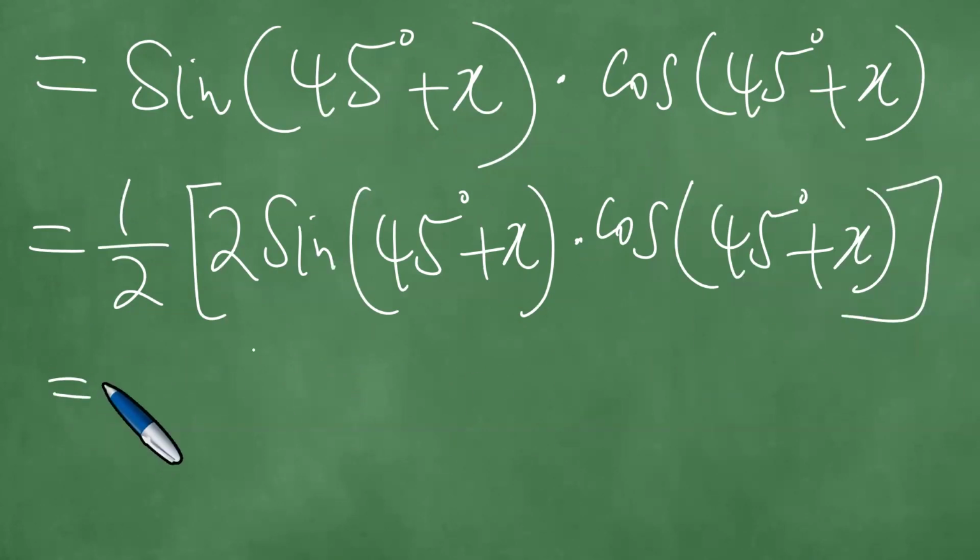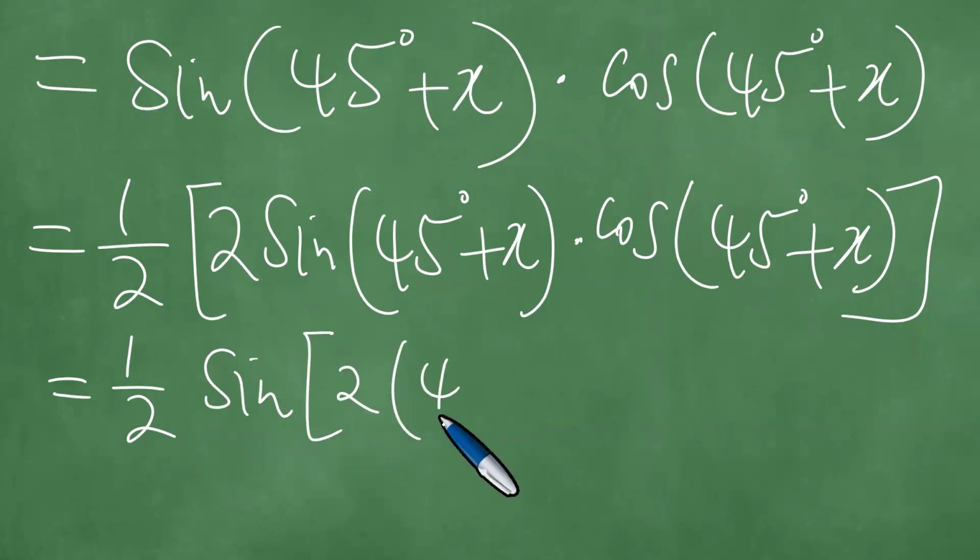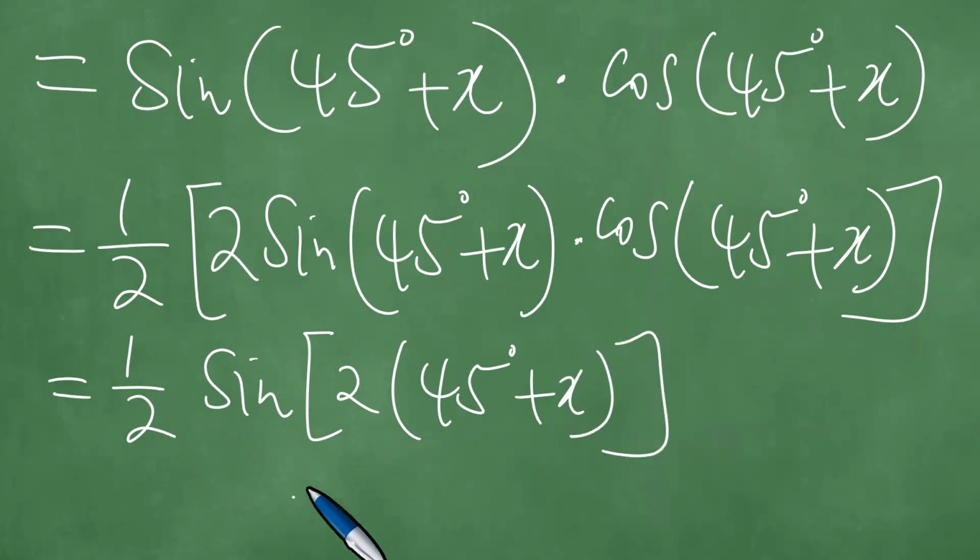Okay, now, this is the case. If you have 2 of this, therefore it is 1/2 of the trigonometric sine of 2 into 45 degrees plus x. Using the trigonometric double angle formula, this equals this.